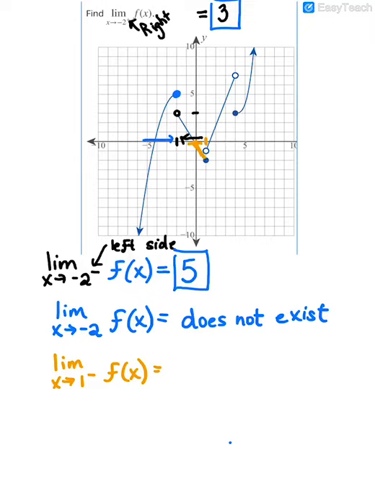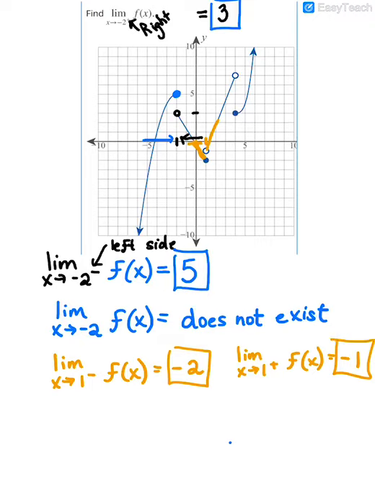And this particular part of the graph has a y value of -2. So that would be the limit from the left side. Whereas if I'm looking at the limit as x approaches 1 from the right-hand side, again, follow the graph. I'd pretend like it's a road and I'm walking from the right side. Well, this time I'm going to end up at a value of -1. So once again, the overall limit as x approaches 1 does not exist because these two values are different.